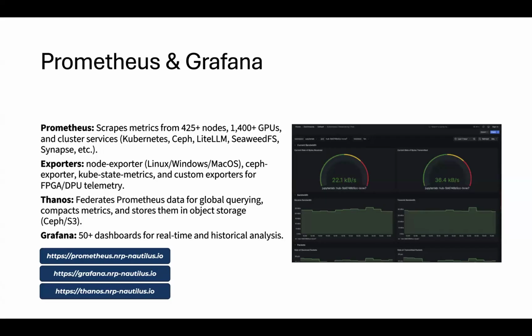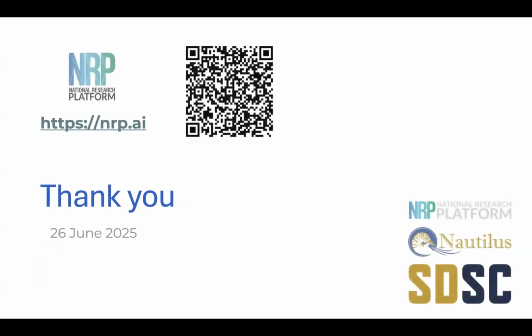And for long-term storage, we also use Thanos with S3 backed storage. As Elham mentioned, we provision S3 for cluster users, and we have our S3 storage backing Thanos. I believe it's 5 years of metrics on Thanos.